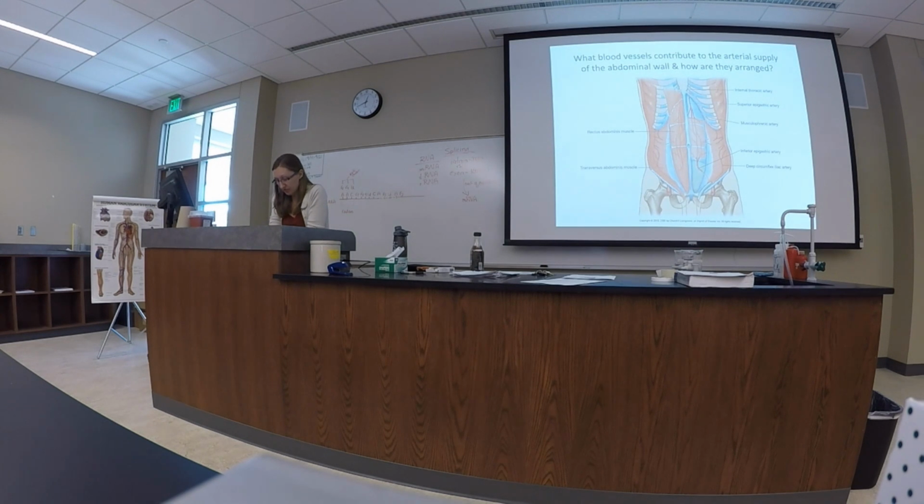Okay, so here's another image that shows where the superior epigastric artery goes a little better, where the inferior epigastric artery goes, and the anastomosis between them in that area. We also see how the deep circumflex iliac artery comes up to help supply some of the lower aspects of the abdominal wall.